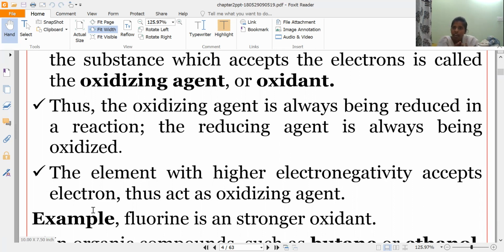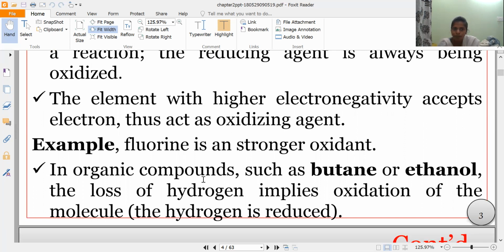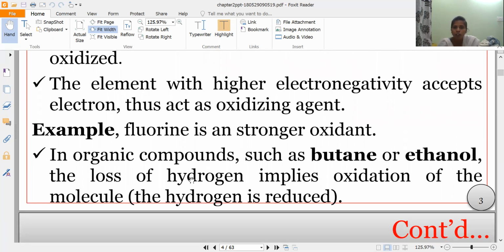So if any atom or element has more electronegativity, it has the tendency to gain electrons, which means it undergoes the reduction process. Whatever substance undergoes reduction will act as an oxidizing agent. Example, fluorine is a strong oxidant here. It is an oxidizing agent. In organic compounds such as butane or ethanol, the loss of hydrogen implies oxidation of the molecule.